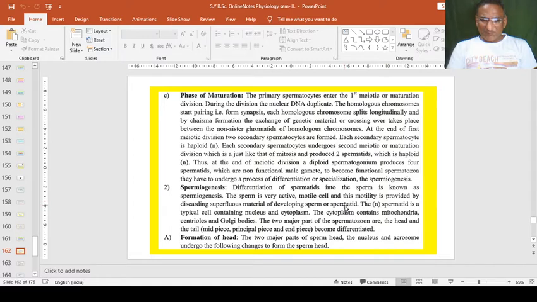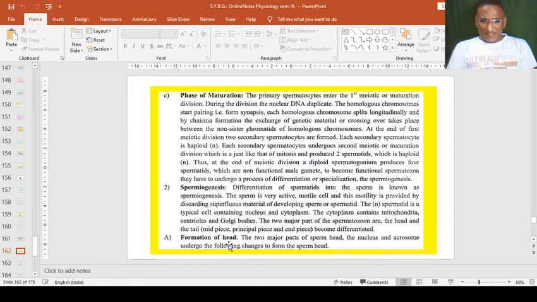Anteriorly, there is a proteinous material called the acrosome, and the tail is very thin. In between the tail and head there is a middle piece, and also a principal piece and the end piece. Here the differentiation, the spermiogenesis, is completed.